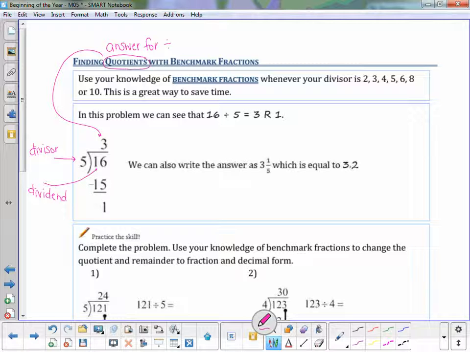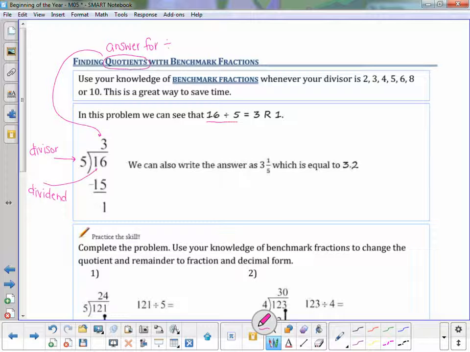When we talk about division, we talk about dividing something into equal-sized groups. So if we have 16 divided by 5, we can think of that as 16 divided into 5 groups. We can also think of that as 16 divided into groups that are the size of 5.